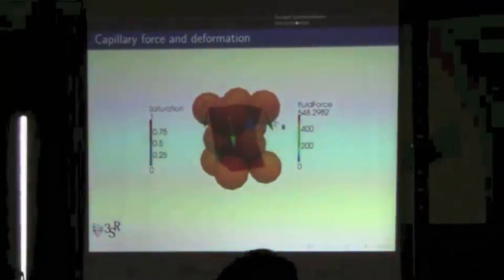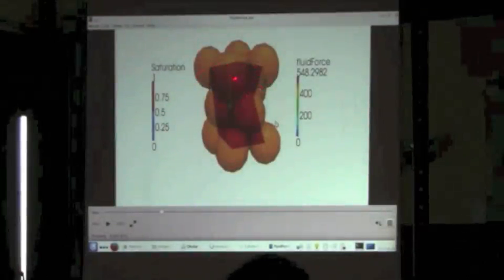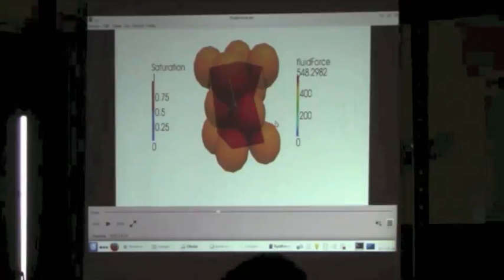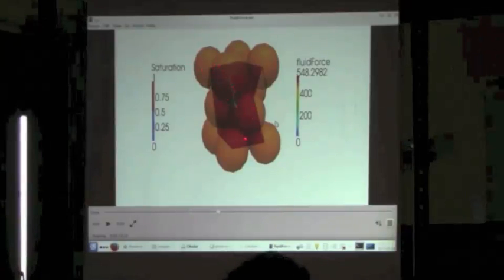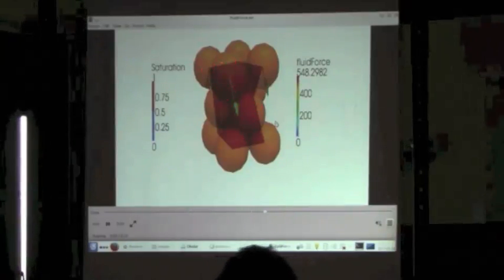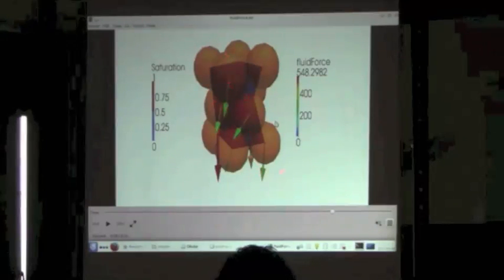If we do a simple test where we increase PC, starting totally saturated, and keep increasing. Okay, here's the air, here's the water. You can see, keep increasing, and there is a displacement of the interface.